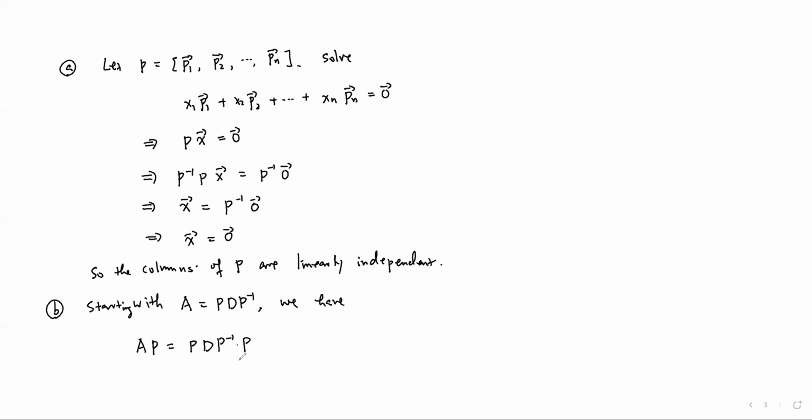Then P inverse P is the identity matrix, or we say that P inverse and P cancel. Then we have AP equals PD. Now let me cut P into columns.